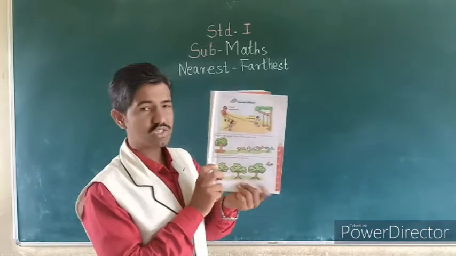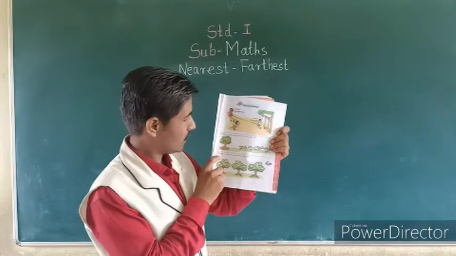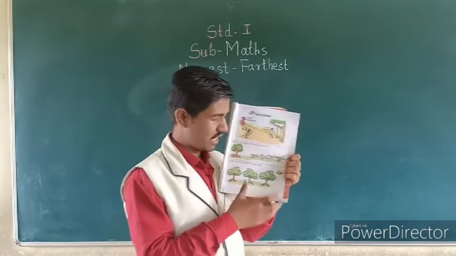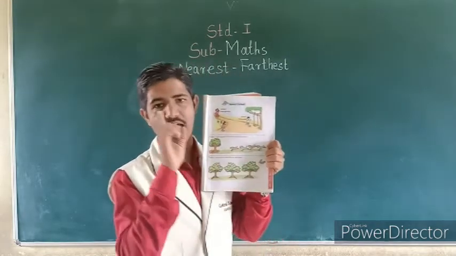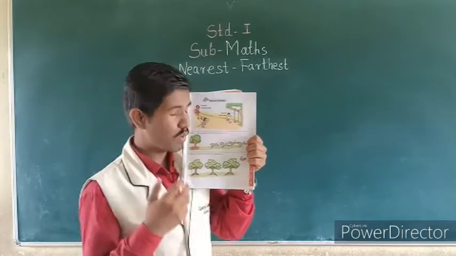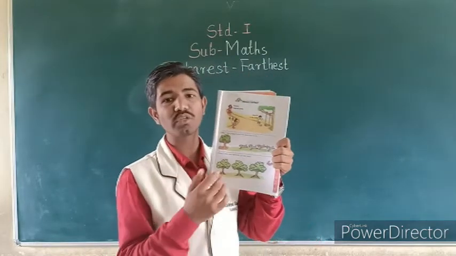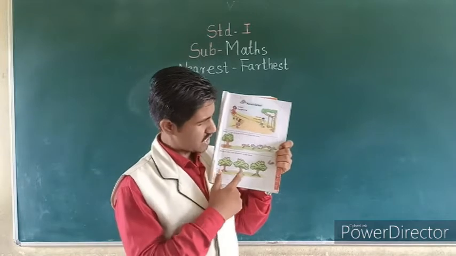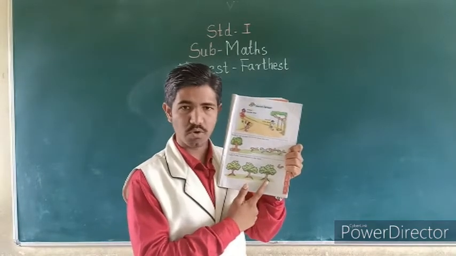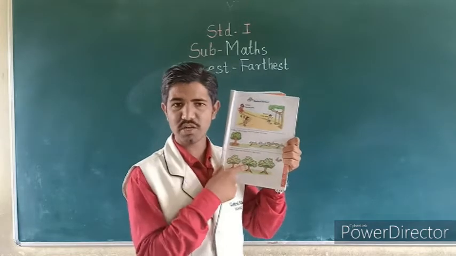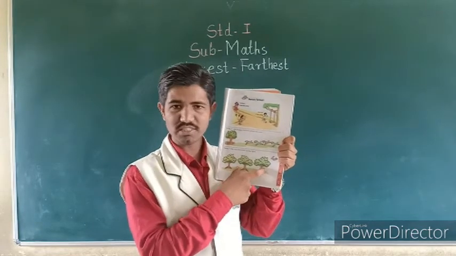Okay, see the next. Tick the tree nearest to the bird. Okay, there are 3 trees and 1 bird. Which tree is close to that bird? The first one, the second one, or the third one? The first one and the bird, is the distance nearest or farthest?